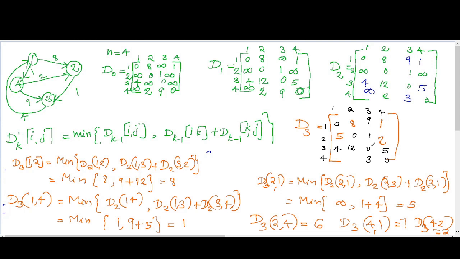Here you have this as 6, and D3 of 4, 1 is 7, and 4, 2 is 2. So this is our resulting matrix D3, and in the same manner we can calculate our matrix D4 also.